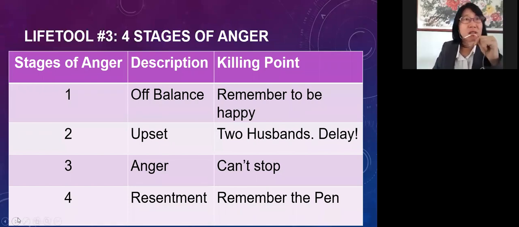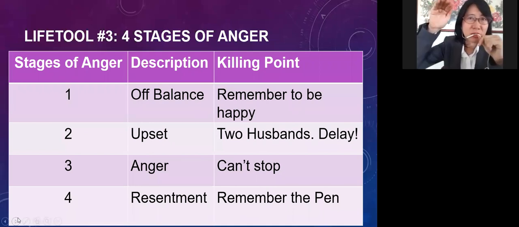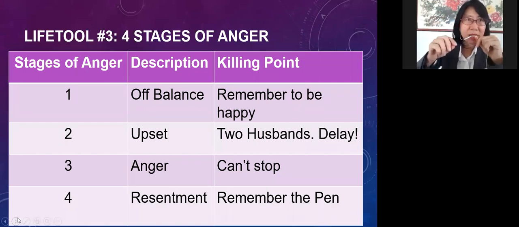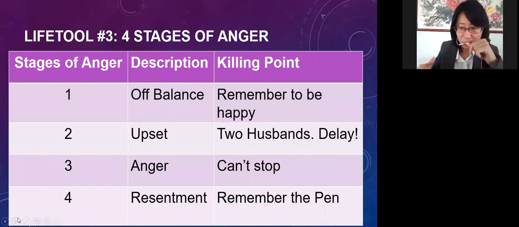At this juncture, because I had learned about this, I noticed my joyful level actually dropped. I was already off balance and even upset now. So I thought I need to remove myself from this scene so that I do not move on to the next stage, that is anger. So I quickly finished my breakfast and went upstairs, hiding in the room, hoping that I would not develop this into anger.